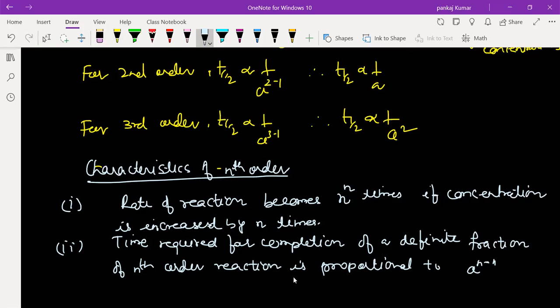Yes, a to the power 1 minus n, isn't it?